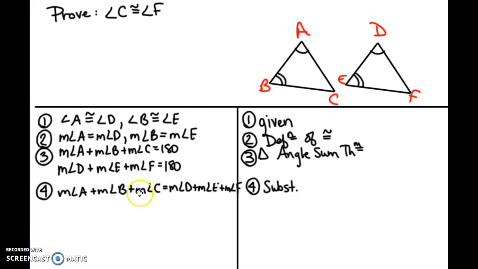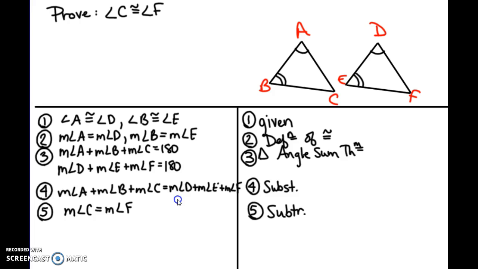If I can get rid of these guys, I'll have C equal to F. So my next step is going to be subtracting out my A's, B's, D's, and E's, which will leave me with the measure of angle C equal to the measure of angle F. And again, we use subtraction.